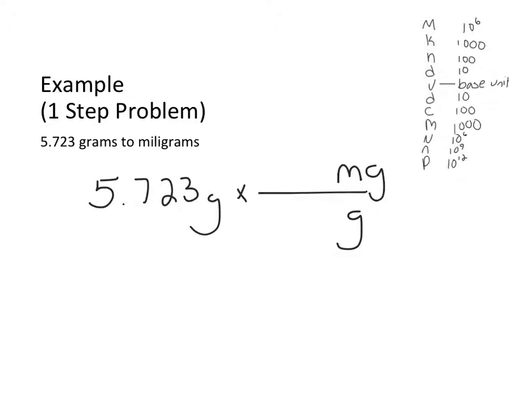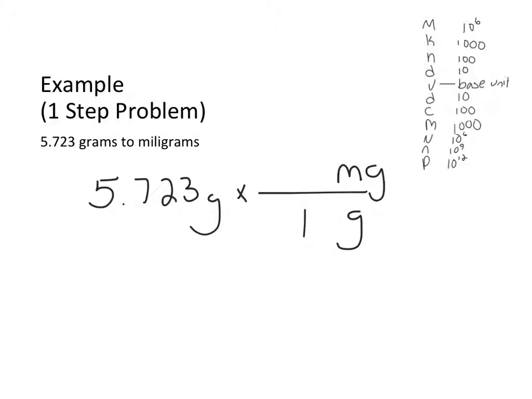Now for the numbers. So I have this written in a very particular order for a reason. So I have grams, which is my base unit right here, and I have milligrams, which milli is right here. So my base unit is higher on the list. So whoever's higher on the list should get a 1. So since grams is higher, I put a 1 right there.